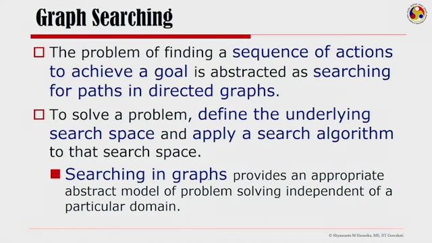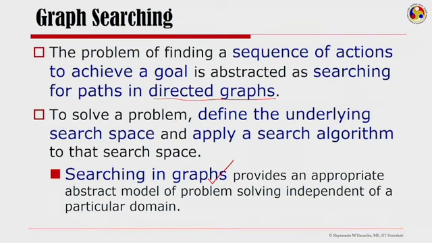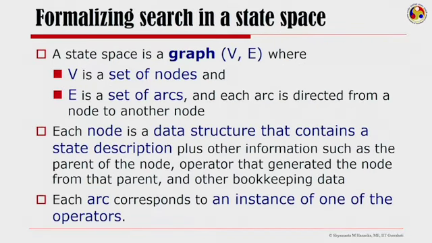Searching in graphs therefore provides an appropriate abstract model of problem solving independent of the particular domain. And the type of graph we are searching here, one needs to remember, is usually a directed graph. So we are now in a position to formalize search in state space. So let's define a state space.